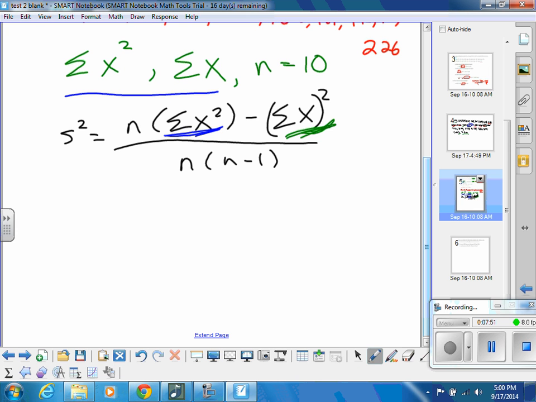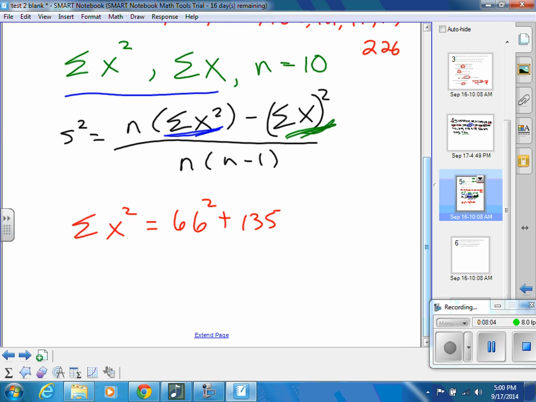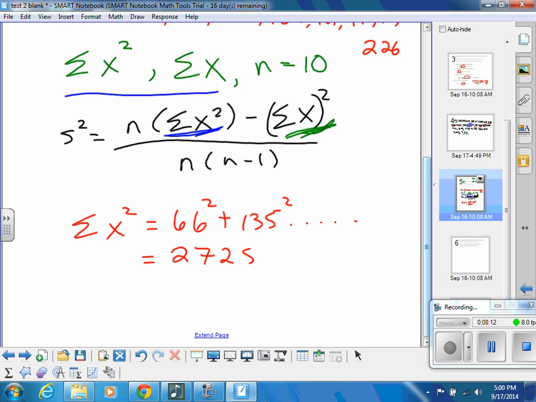I'll show you real quick, to figure out the sum of x squared, what that would be is I'm going to take my values, like I would take my 66, and I'd square it, and I'd add 135 squared, and I'd go through and do them all, and I'd get a big number, okay? The number that I get here is this big number here.